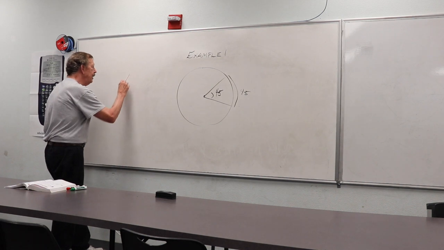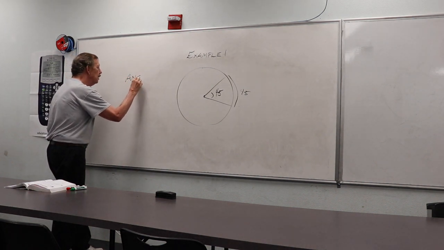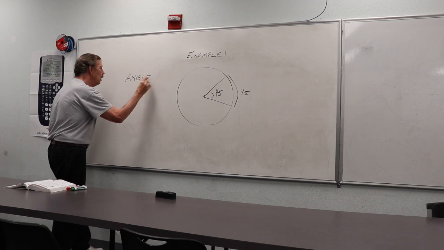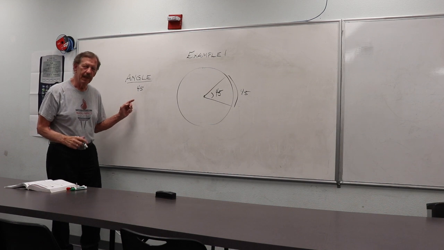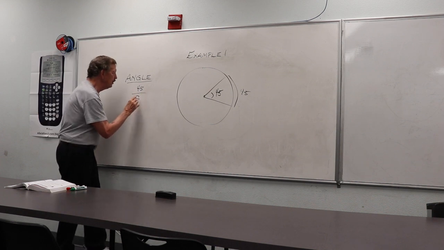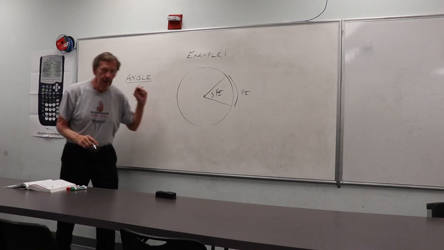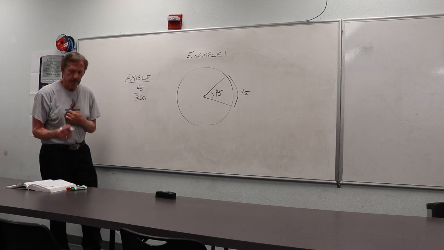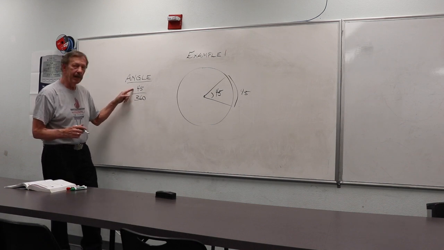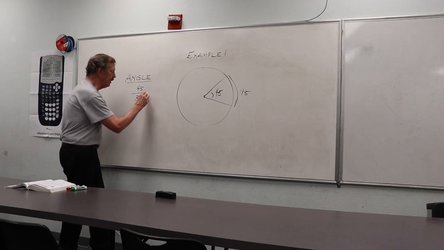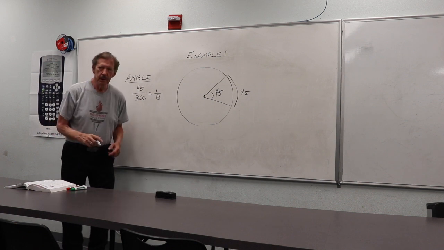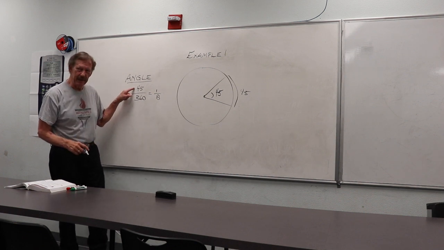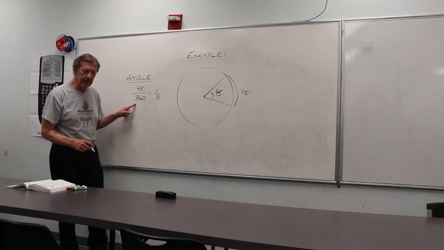Over here on this side, we need to compare 45 to 360. And for this example, we're going to stay in degrees. 45 degrees compared to 360 is 1/8. In other words, there's 8 of these in 360 degrees.